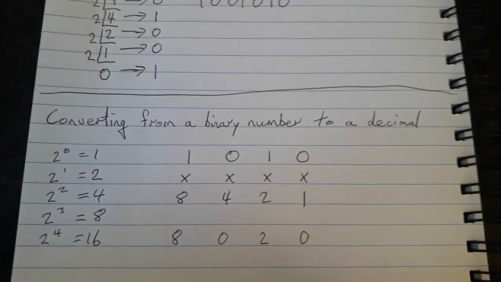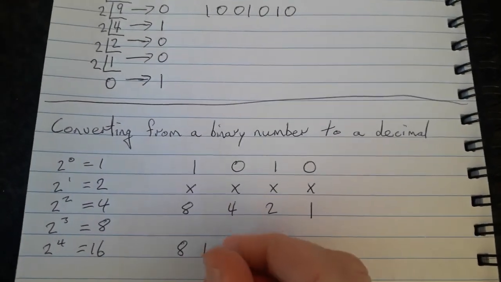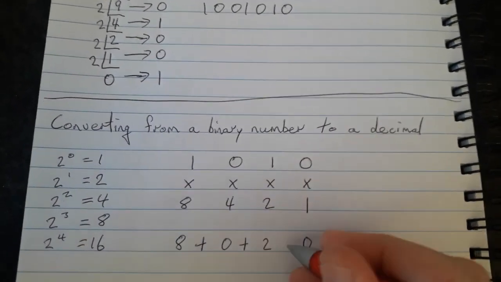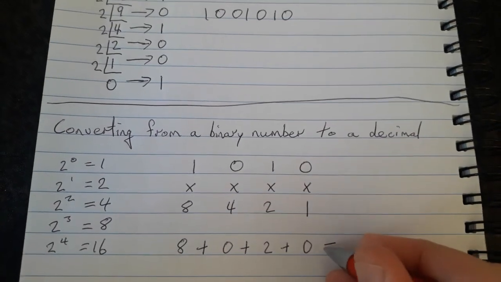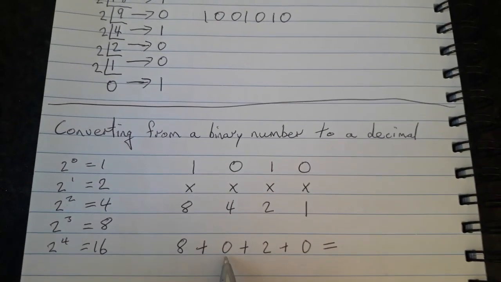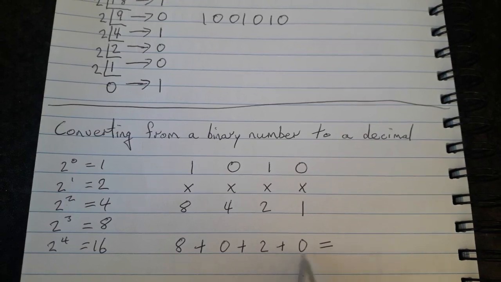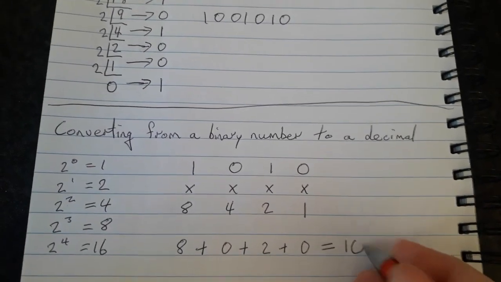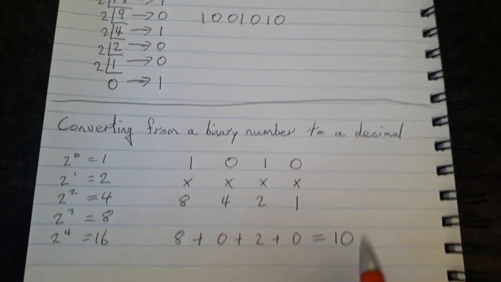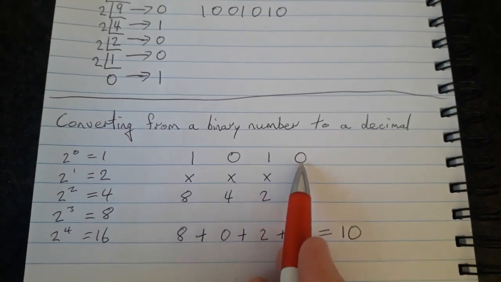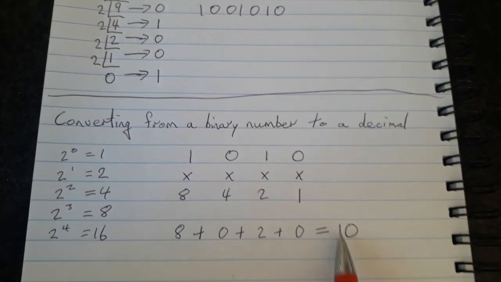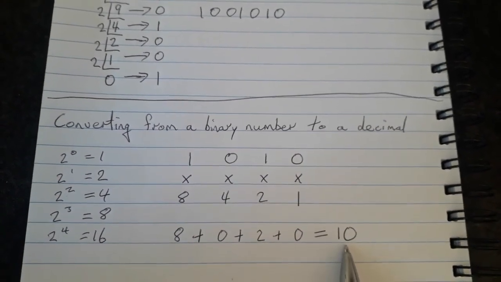And then when we've got all our multiplication done, we just add together all the answers that we got. So 8 and 0 is 8, and 2 is 10, and 0 is still just 10. So your answer is the binary number 1010 is equal to the decimal number 10.